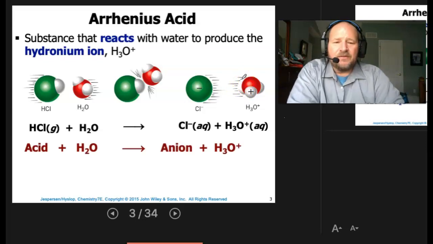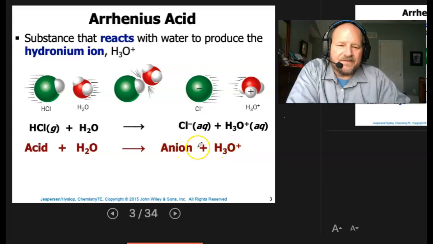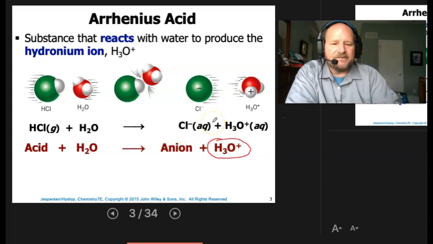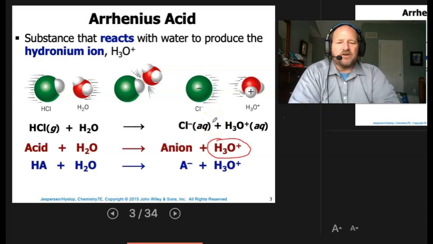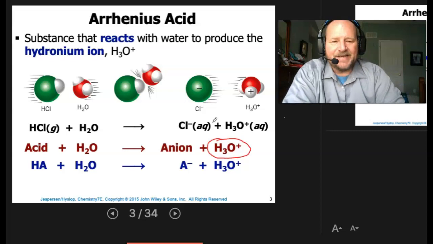And so the way we use the phrases here is we have acid plus water would give us the anion plus H3O+. And then the Arrhenius definition would be any substance that makes that is an acid. So for a general formula, we would say HA plus H2O produces A- plus H3O+.